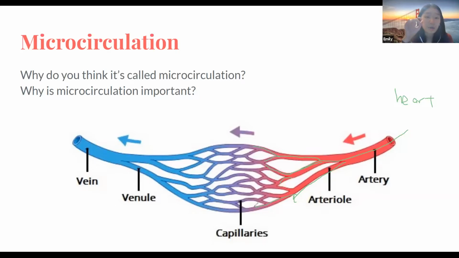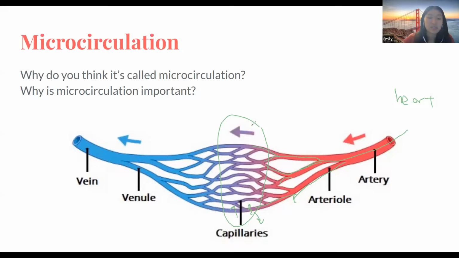Capillaries are actually only 1 cell thick, and this is where the actual gas exchange occurs. So in these capillaries, oxygen is going to be leaving and carbon dioxide is going to be coming in. This is the systemic circulation. And in the pulmonary circulation, it would be the opposite direction. But in these capillaries, gas exchange occurs.